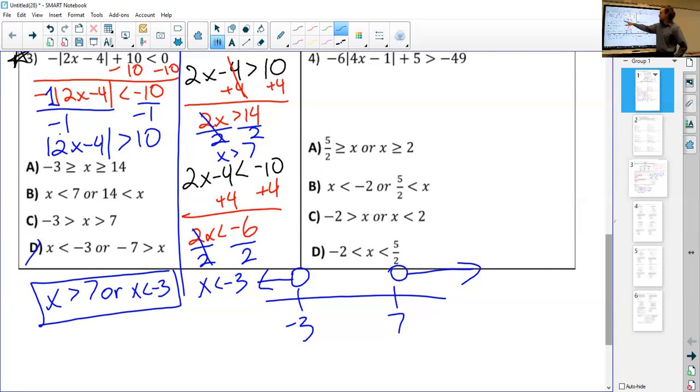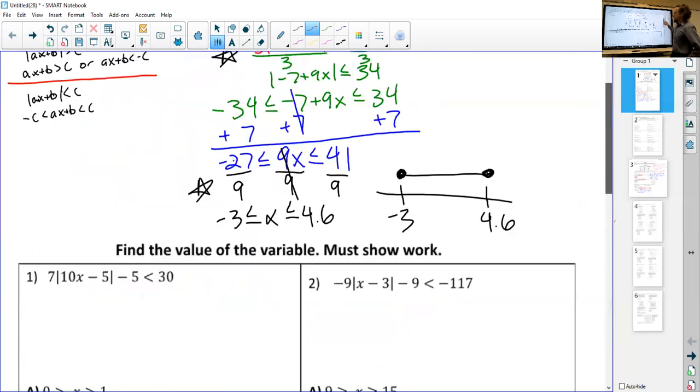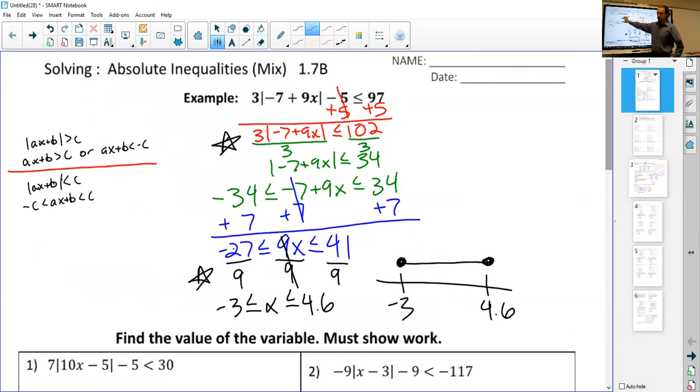As soon as you get to this switch point, this point here, so much stuff written up here, once you know what kind of problem it is, once you pick either greater than or less than up here, that's going to determine what your answer needs to look like. If it's a greater than problem, your answer is going to be x is greater than a number or x is less than a number, which means your answer choice has to match that.